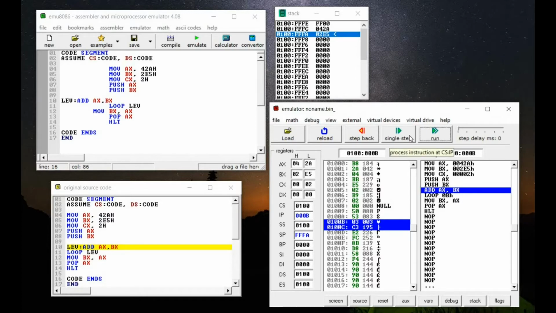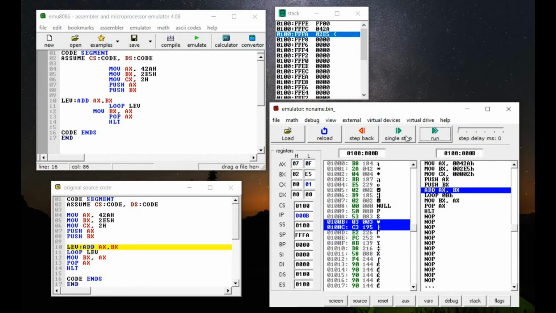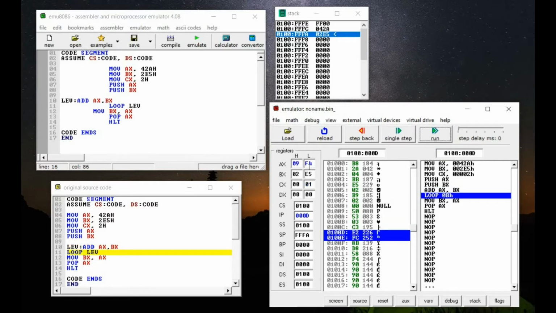And then we add BX to AX here. And then looping. We add again, 09F4.